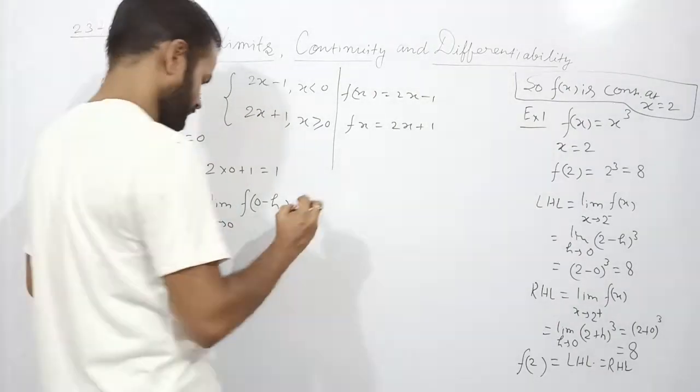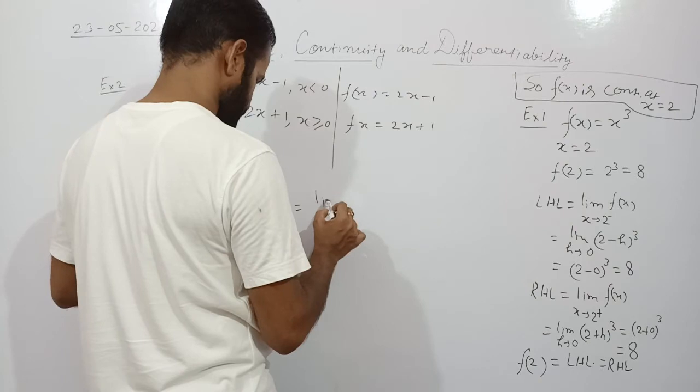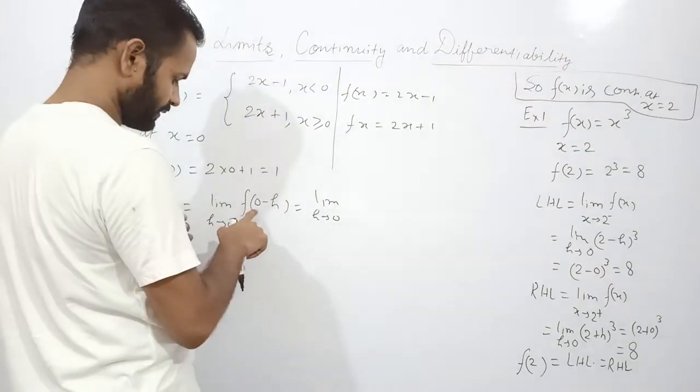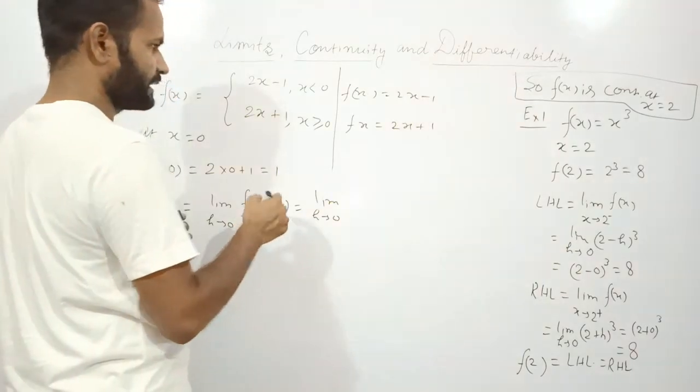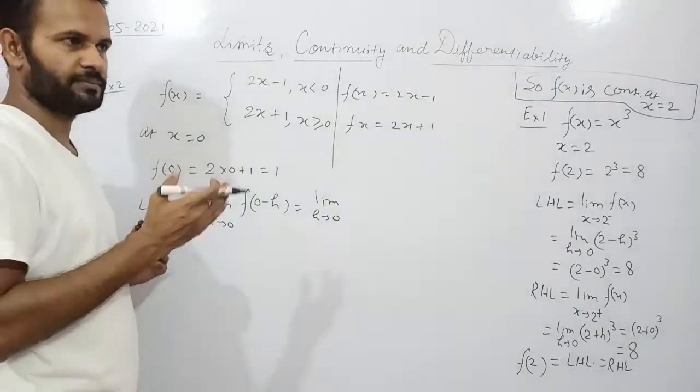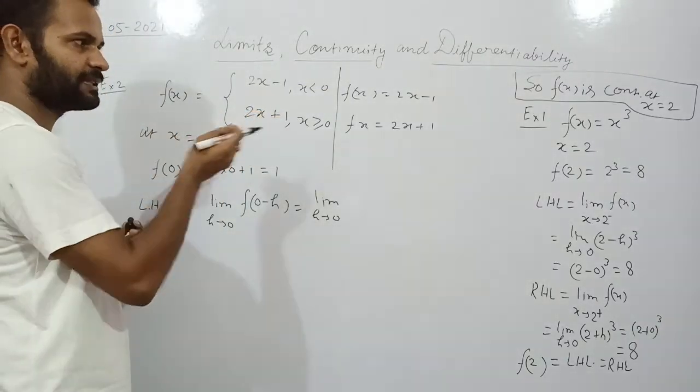Now what is our function for 0 minus h? 0 minus h means on the left side, less than 0.